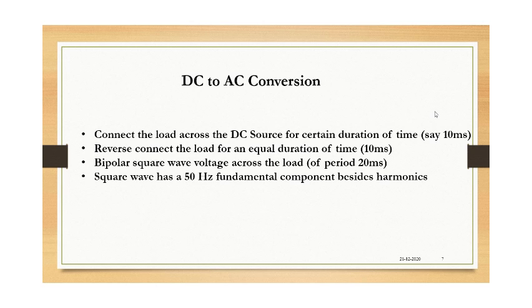That means your load is getting the source voltage for only 10 milliseconds, right? Then reverse the connection of the load and connect it for a time duration of 10 milliseconds again. That means at the load you are getting the negative voltage of the DC source, right? So negative voltage for a time duration of 10 milliseconds.